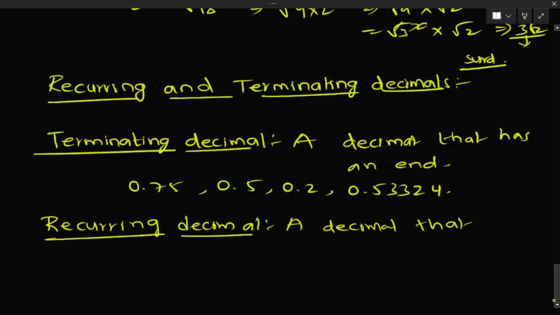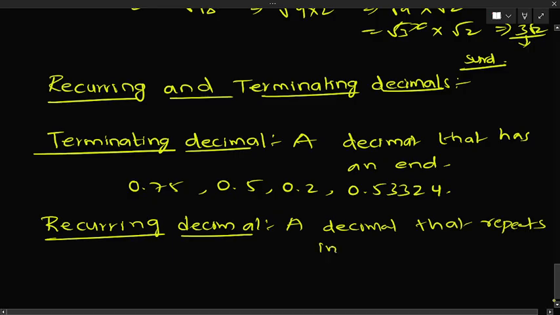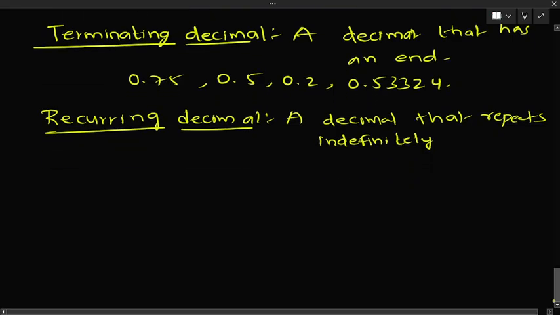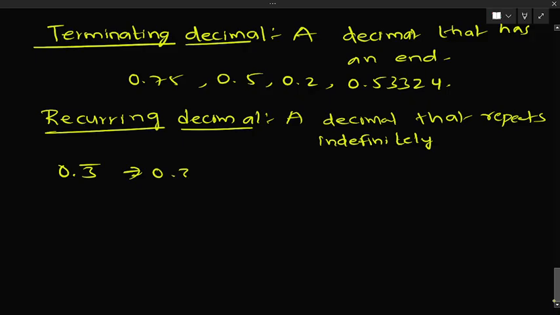So how do we write this? For example, let us consider 0.3 bar. It is 0.3333 up to infinity. We can't say how many threes are towards the right side of the point. We can't count because they are infinite.